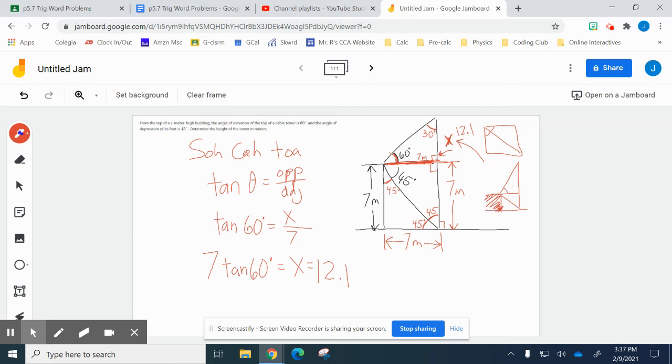And that's a 60, and that's a 45. So then you can see everything better. Drawing to scale, roughly to scale at least, helps. Okay, so now we have 7 meters for the lower part and 12.1 meters for the upper part, and 7 and 12.1 is 19.1.